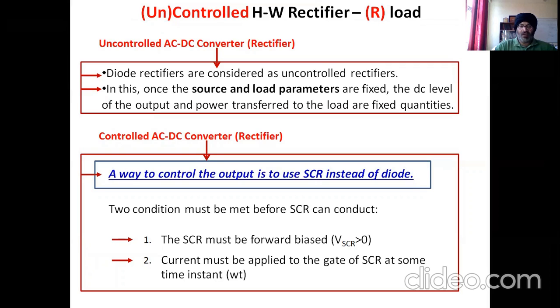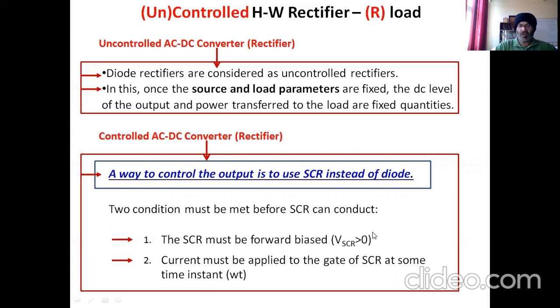That particular instant at which the SCR is given a gate pulse, as we discussed in our switches lecture, is called the firing angle and is denoted by alpha. So first it should be forward biased.